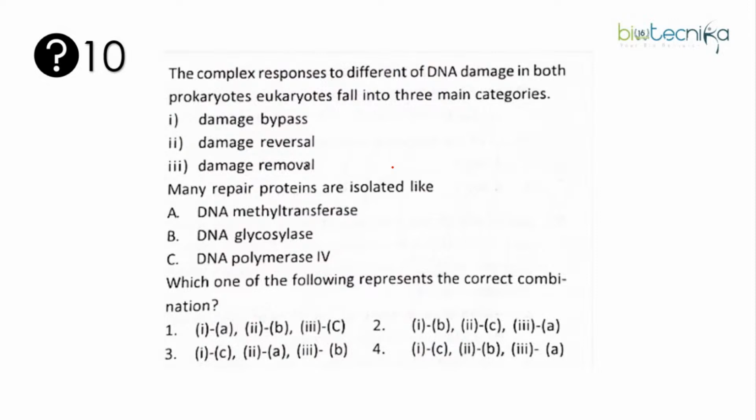And now is the last question. The complex responses to different types of DNA damage in both prokaryotes and eukaryotes fall into three main categories: damage bypass, damage reversal, and damage removal.